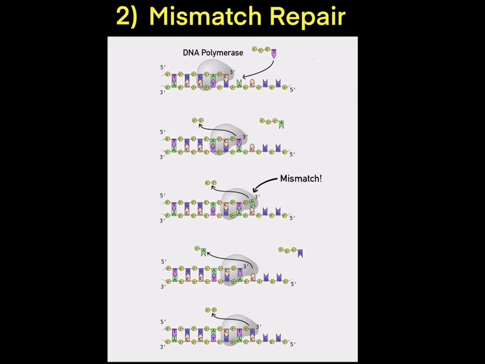So the second type of DNA repair I want to talk about is mismatch repair. So we know when we replicate DNA, we have this DNA polymerase, which uses this template strand to add new nucleobases to replicate this DNA. However, this DNA polymerase is not perfect, and every now and then it accidentally adds the wrong nucleobase. For example, if we have the C nucleobase, we should add a G nucleobase.